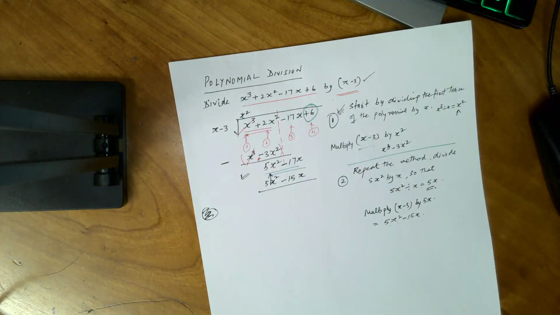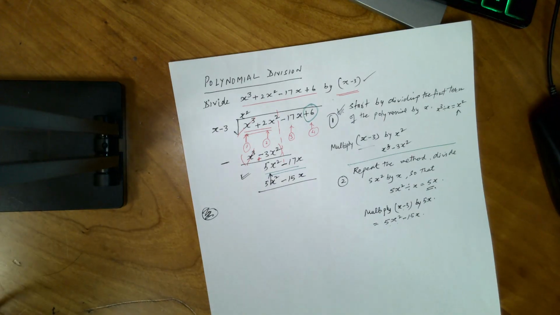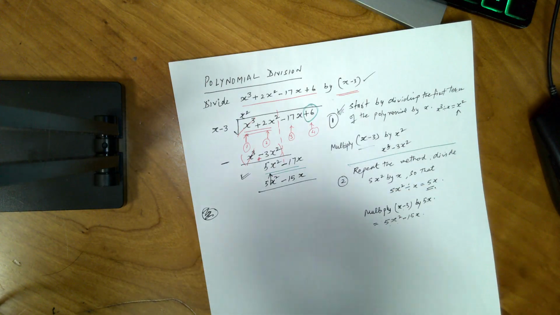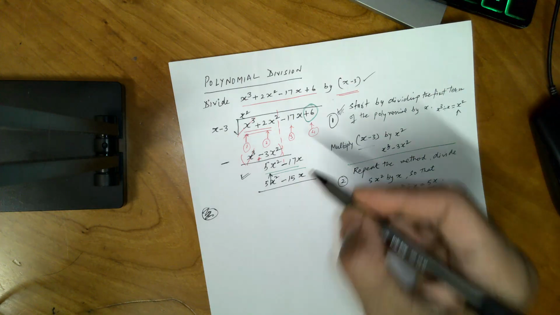Right. Now again, same thing, because you have to subtract that. So what you actually need to do is subtract this one, so that 5x squared minus 17x.